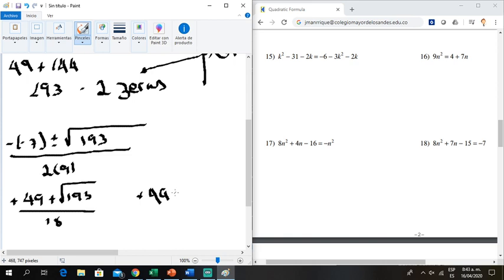We have two roots, the first root and the second root. We have to do the square root and give the answer.